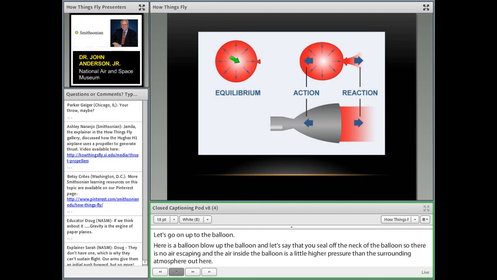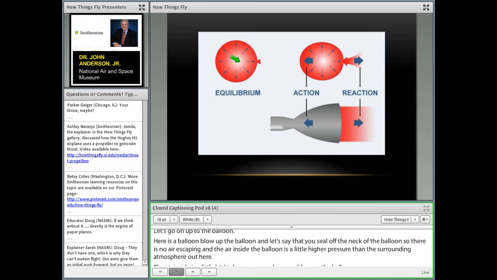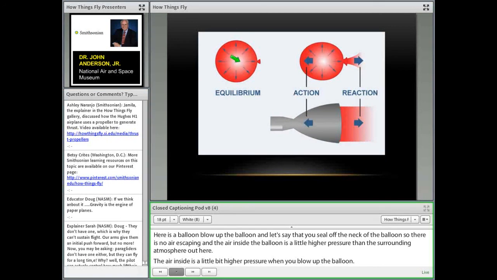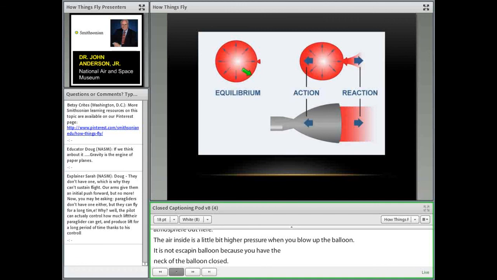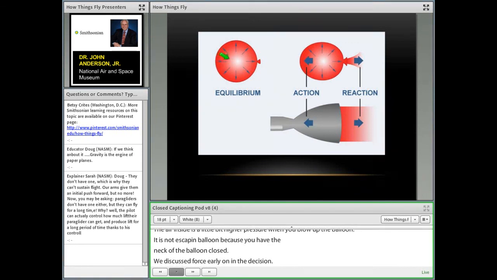Now, we discussed force earlier on in this discussion. The pressure inside the balloon is pressing on the inside surface, exerting a force on the inside surface.